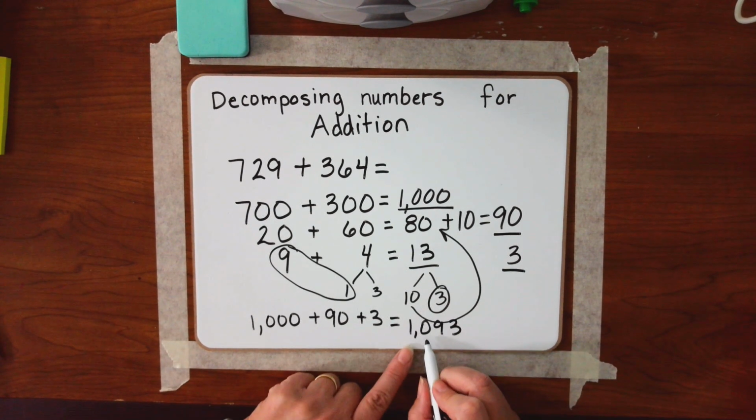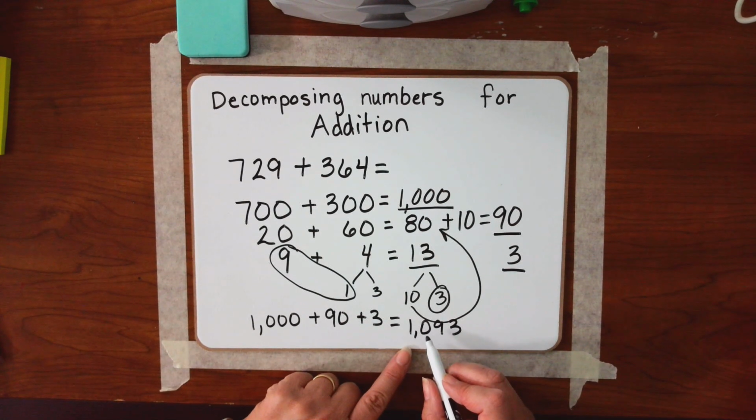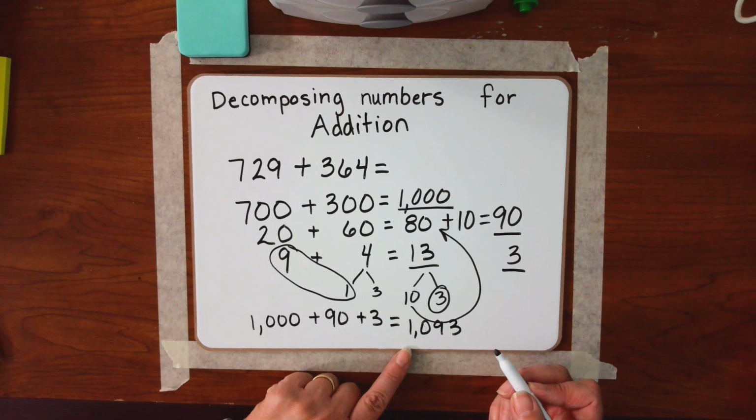Now I said we didn't have any hundreds, but we also know that in our thousands, that means there's 10 hundreds. So technically we do. I just didn't have a digit that I needed to put in my place value in the hundreds place.